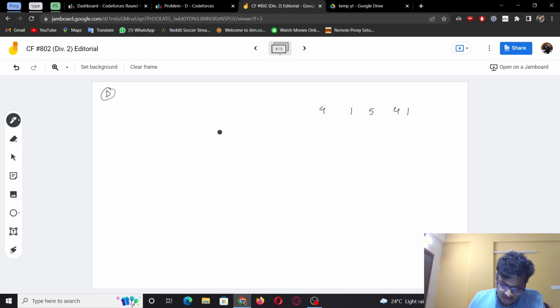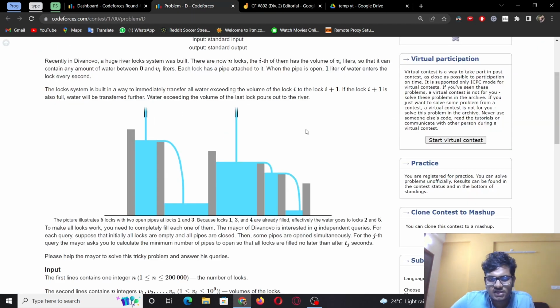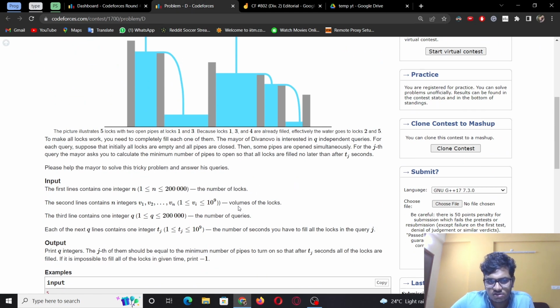So basically, for example, we have all these locks with us, and one trivial thing that we can notice is that however many locks we have, that is the maximum number of pipes. So in any case, we have maximum n pipes, and the total amount of water that we need to fill is sigma of vi, where vi is the amount of water stored in the ith lock.